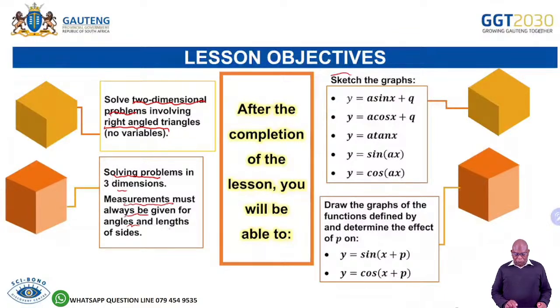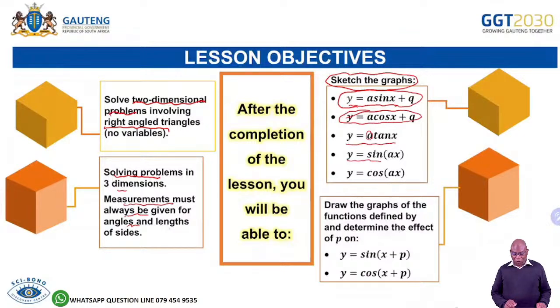We must also be able to draw sketches of the following. The graph of y equals a sin x plus q. So the graph can be given in that form. We must be able to draw the graph of y equals a cos x plus q. The graph of y equals a tan x. So in other words, I can be given the value of a there.